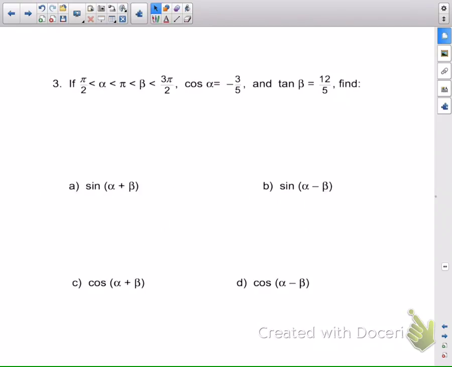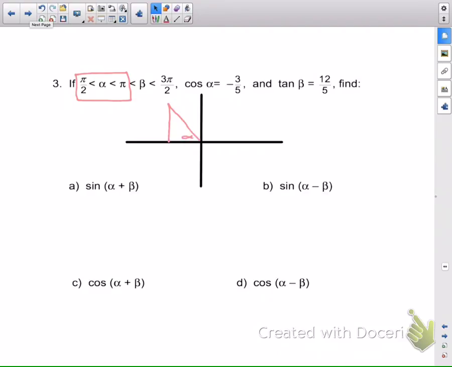All right, so this is another one of those triangle problems that has your alpha and your beta. Again, you're looking for information about each of them within the problem. So if I'm starting with alpha here, the first thing they tell me about alpha is it's between pi over 2 and pi. What quadrant is that? 2.